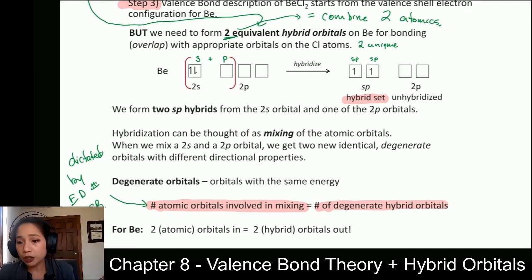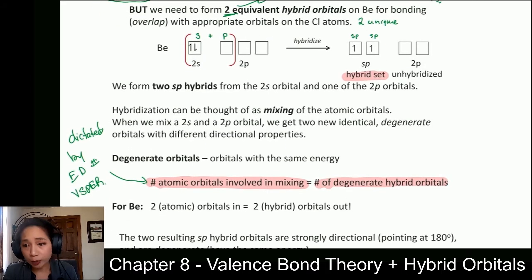Whatever number you get out of VSEPR theory tells you how many atomic orbitals need to be involved in mixing around your central atom. So for our beryllium chloride case, because beryllium has an electron domain number of 2, we need to combine 2 of our atomic orbitals to get 2 hybrid orbitals out.